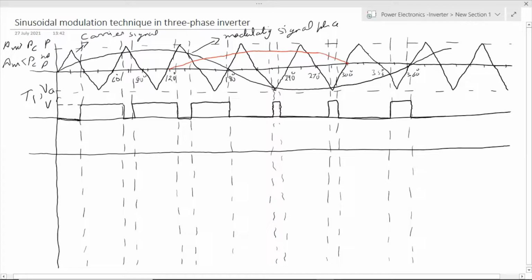Okay, and then it will go on, fine. And on the negative side also it can go on like this.